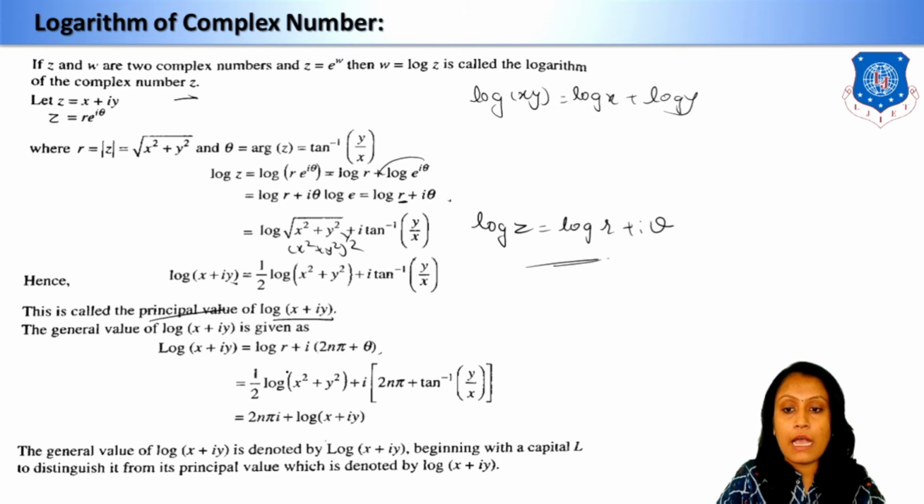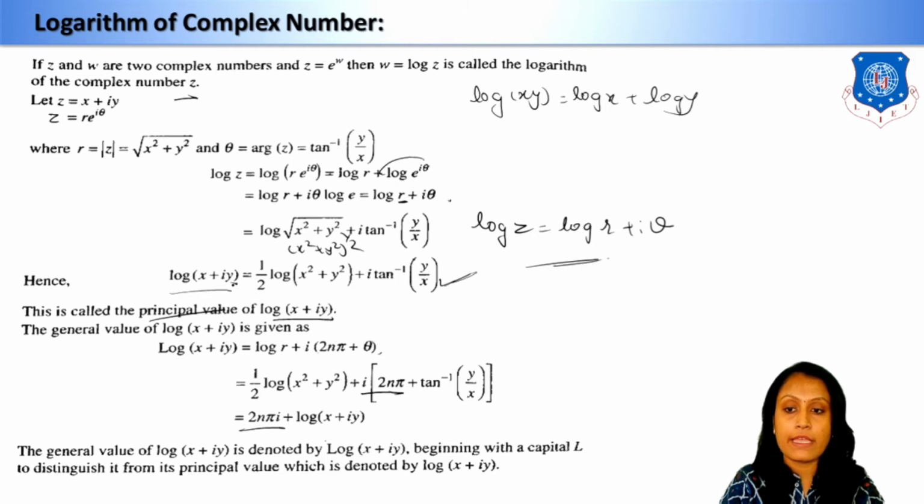Now r is under root x square plus y square, we can bring this 1 by 2 over here. So this is 1 by 2 log x square plus y square plus i times this 2 n pi as it is, and theta we know that is tan inverse y by x. Now this 2 n pi i we are writing over here. Now what remains is 1 by 2 log x square plus y square plus i times tan inverse y by x.